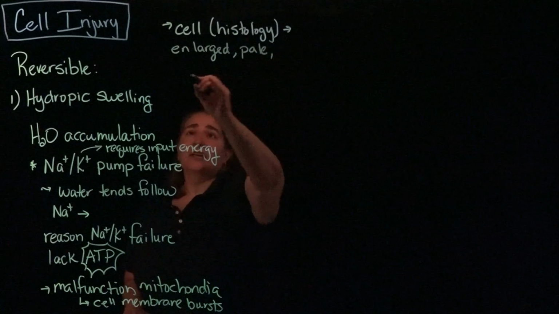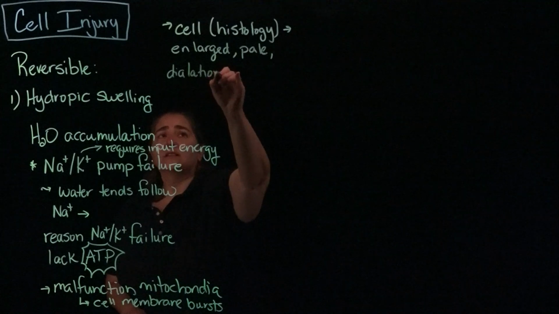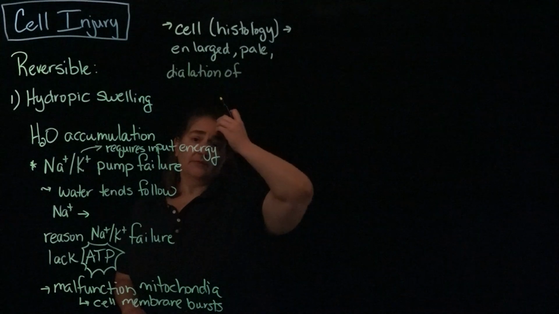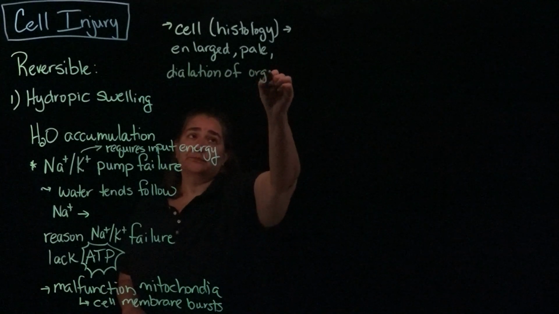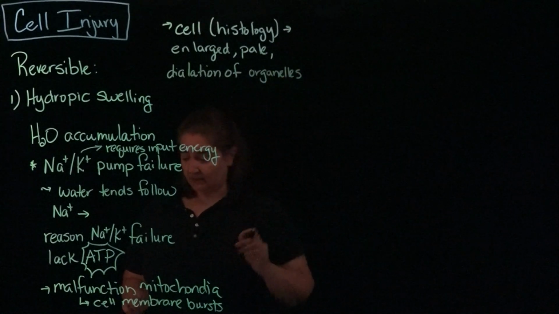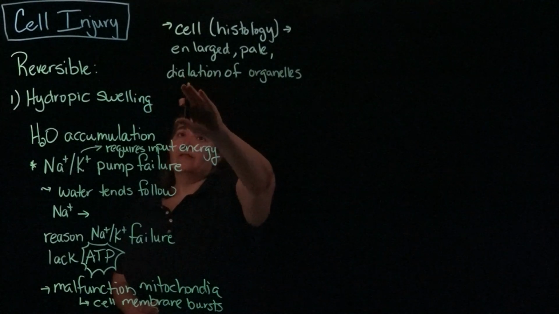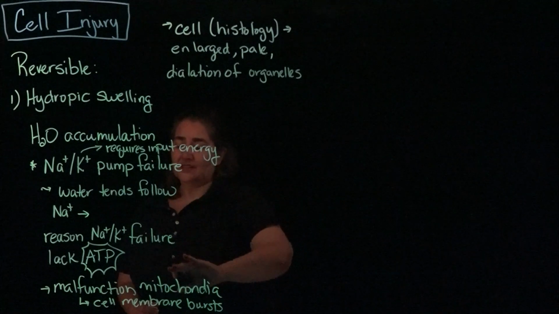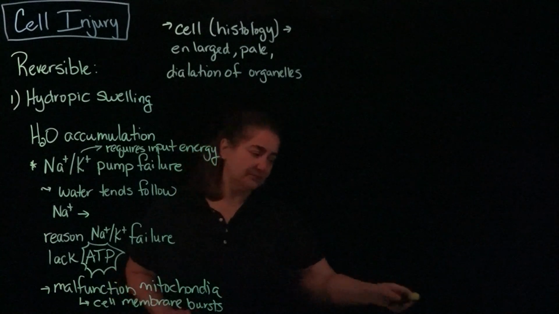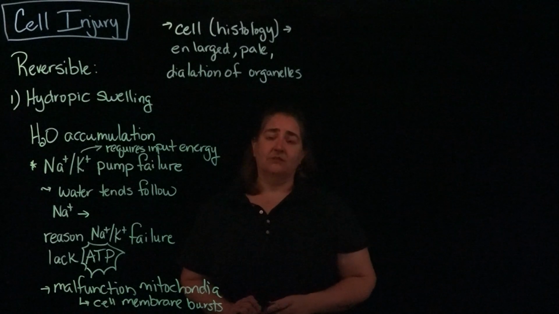All right, and you're going to see dilations of the organelles. Again, because you've got more water in a place than it normally would, okay? So having that additional water in there can be one reason that the mitochondria malfunction. These two kind of play on one another, all right? But hydropic swelling, water accumulation.